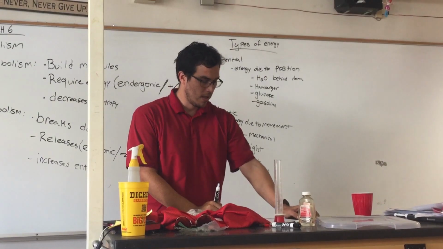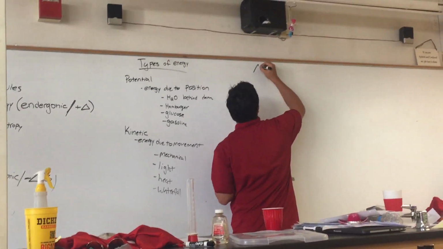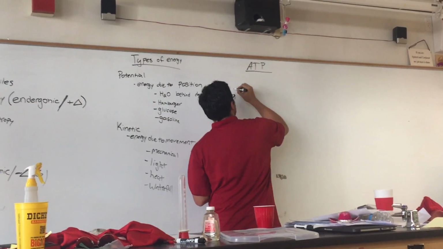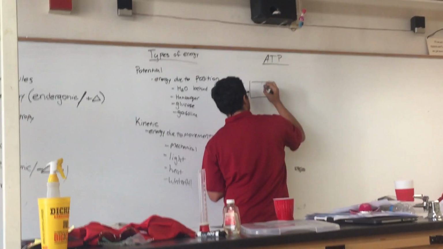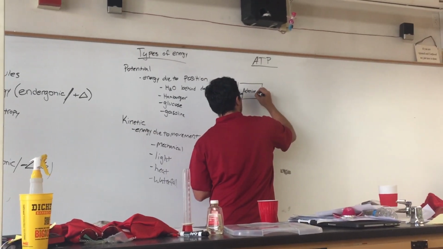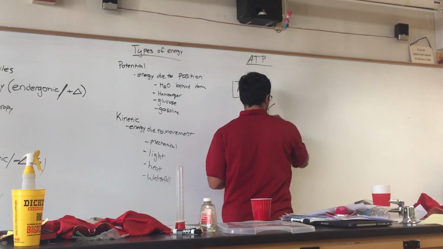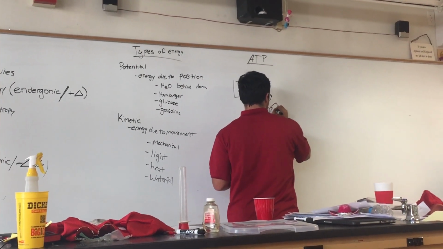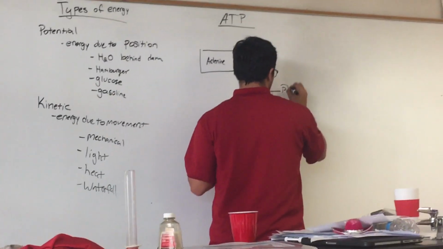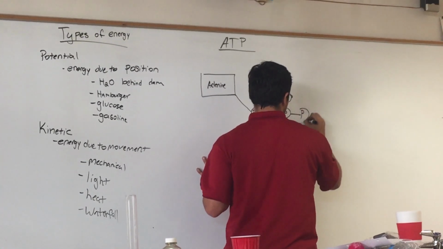Okay? All right. And then I go to this one. All right. So in an ATP molecule, I've got some parts. I've got an adenine. I've got a ribose sugar. And I've got 3 phosphates.